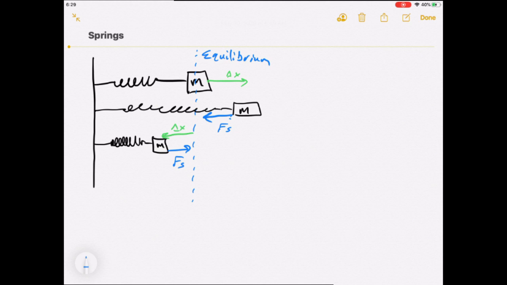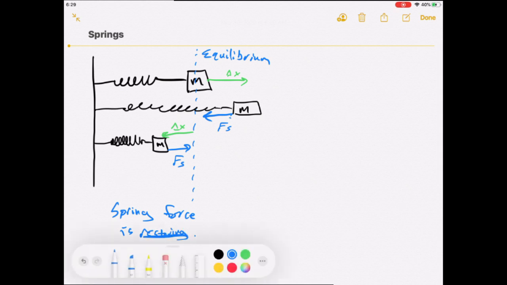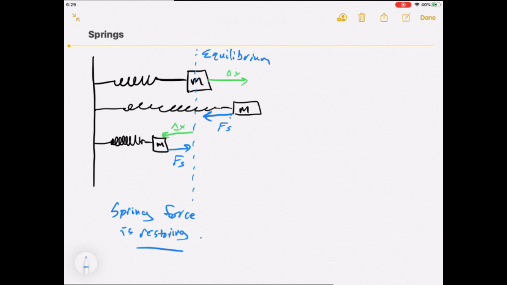So that spring force is a restoring force. The spring force is a restoring force, right? It wants to put the system back in equilibrium. Okay.